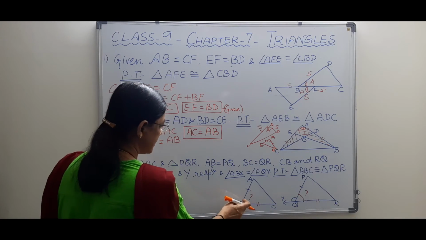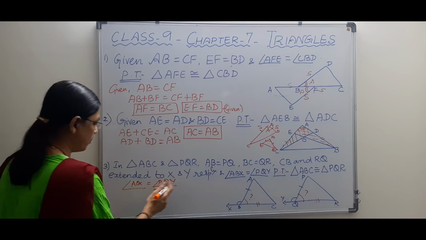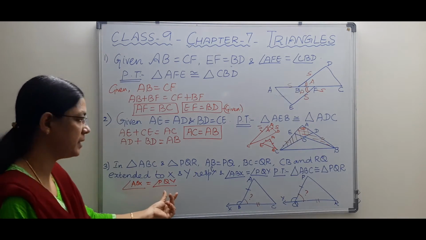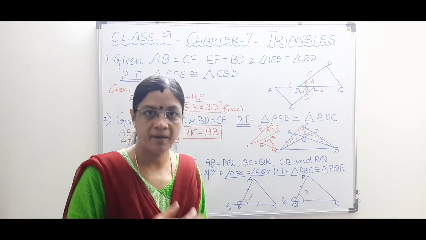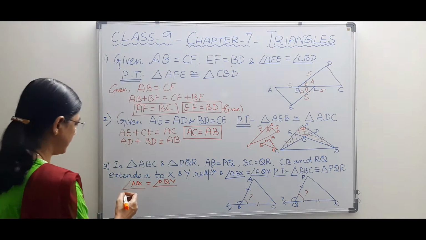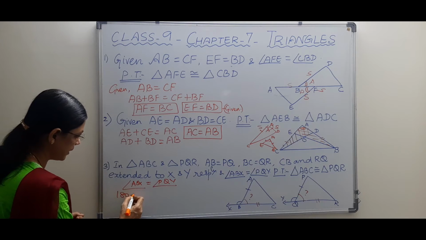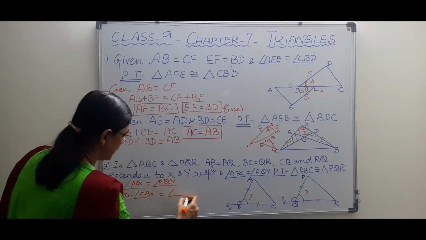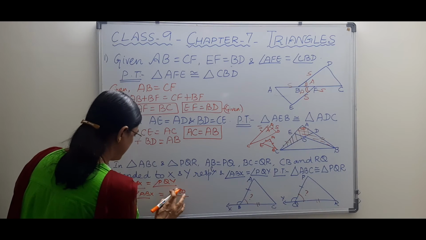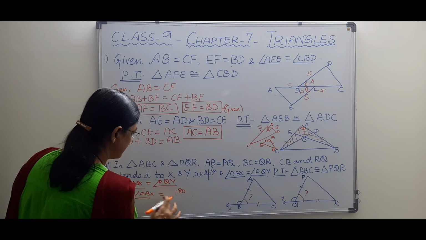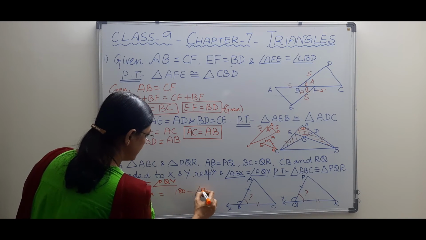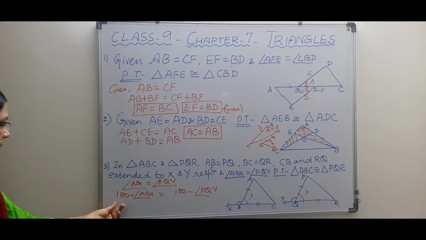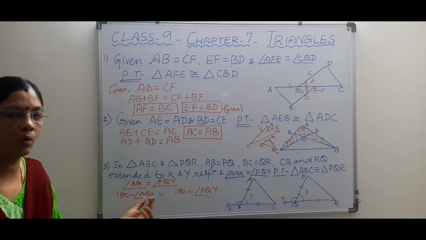Now what is this angle? Now what I am doing is subtracting ABX and PQY from 180. 180 minus ABX should be equal to 180 minus PQY, isn't it? So I am subtracting both the angles from 180.